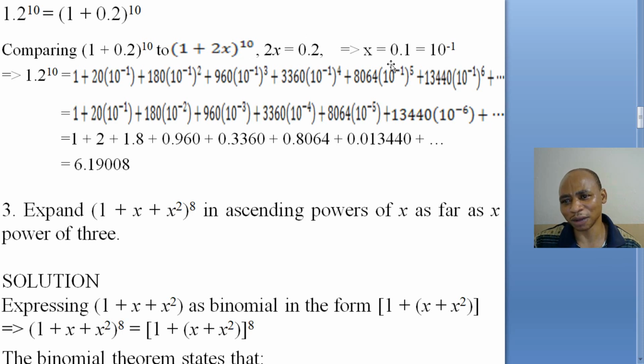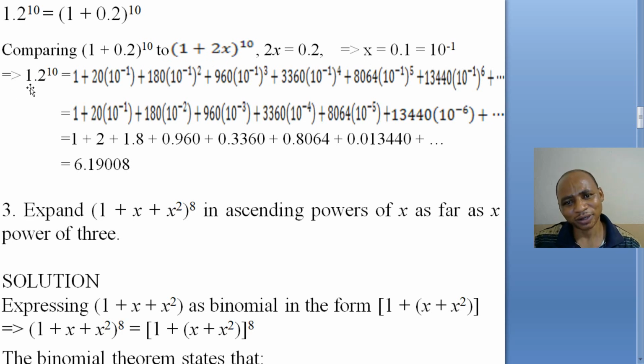Now making x the subject, we will end up getting x being equal to 0.1, which in standard form is 10 raised to the power negative 1.